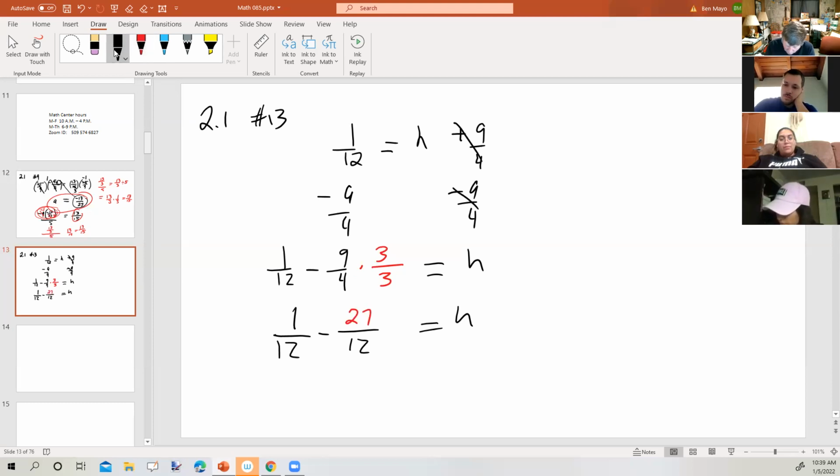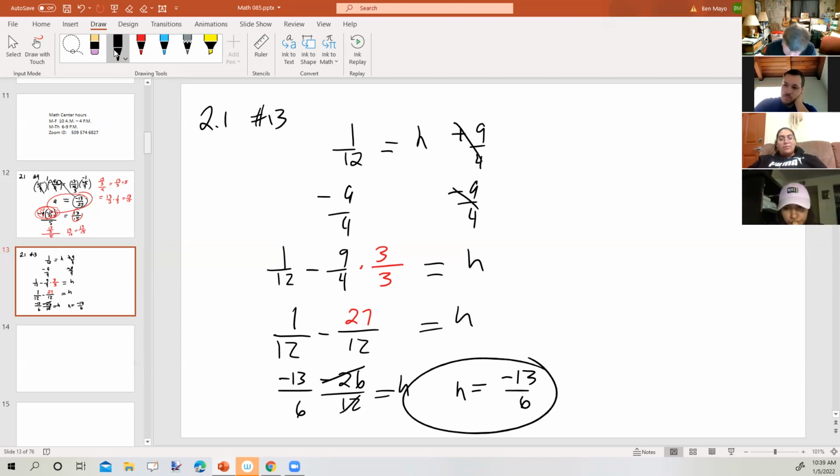But now I've got 1/12 minus 27/12, which is negative 26/12. But I can reduce that because both negative 26 and 12 are even. So dividing the top by 2 and the bottom by 2, I get h equals negative 13/6. Okay, let's check our work.